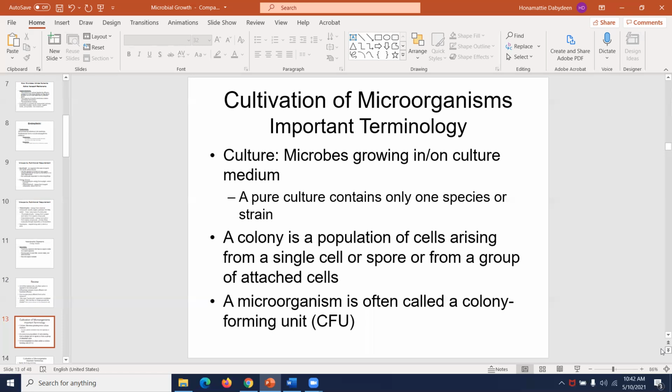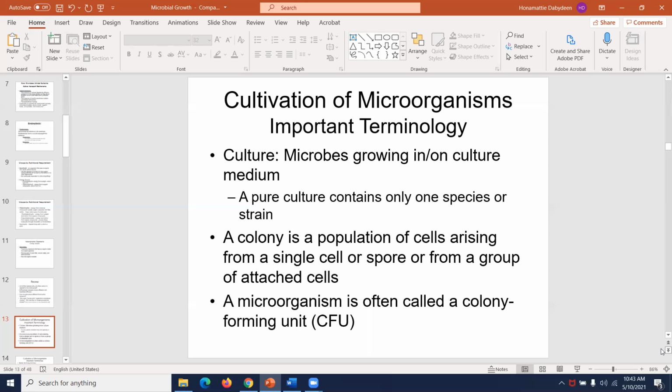A colony is a population of cells arising from a single cell. Now, we will explain this. You will see it in the lab a lot more than you will see it in the lecture, but just to give you a brief idea of what's going on here.